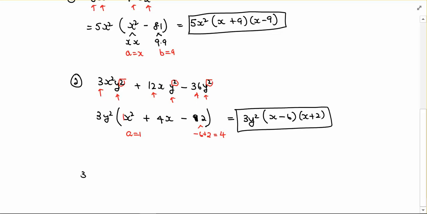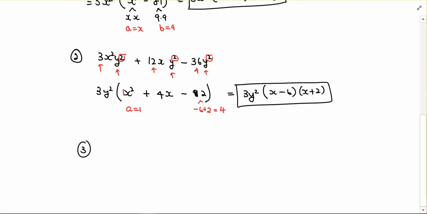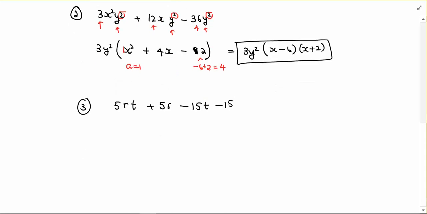And lastly, let's look at this problem: 5rt plus 5r minus 15t minus 15. This is a four-termer. Let's look for a GCF again.